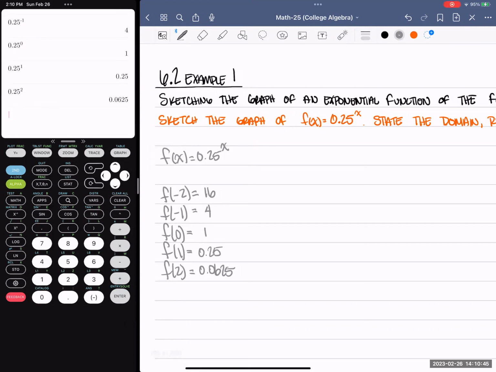And this gives us the table, x and then f(x). x is -2, -1, 0, 1, and 2. f(x) goes 16, 4, 1, 0.25, 0.0625.